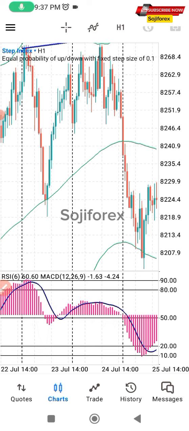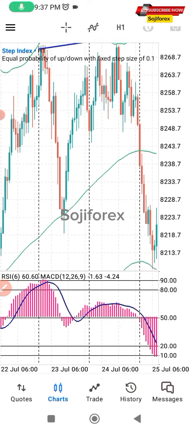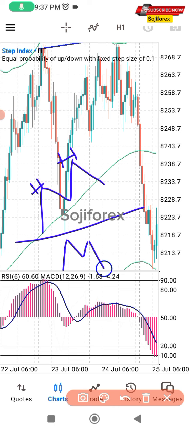And divergence is a disagreement between our price action on the main chart and our indicator window. For example, maybe on our main chart, price is doing a higher high. On our indicator window, you will notice that instead of making a higher high, it is making a lower high.